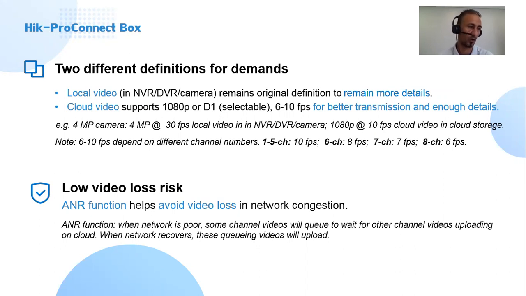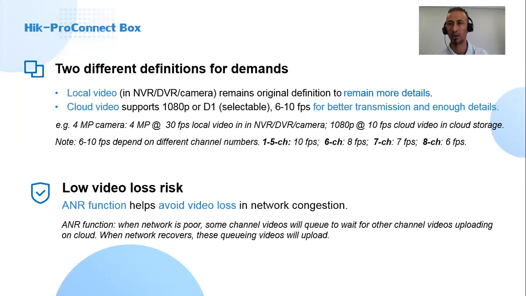ANR stands for automatic network replenishment. This automatically tells the camera to start recording footage to the memory card in the event that information gets lost on the device. For example, if you have a physical camera that has a memory card installed inside of it, this box will pick up that the DVR has been stolen.